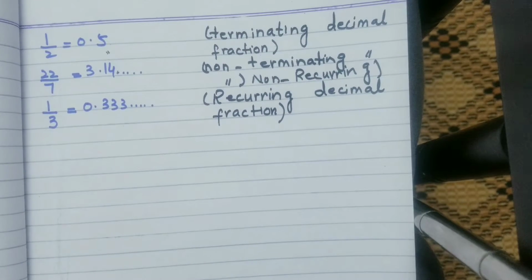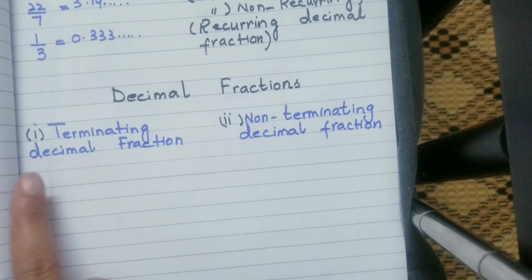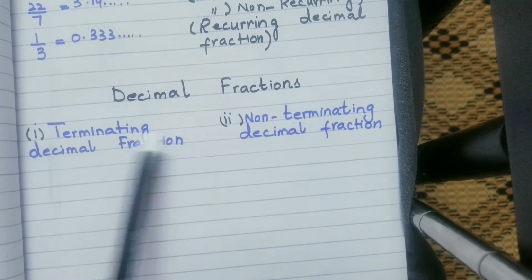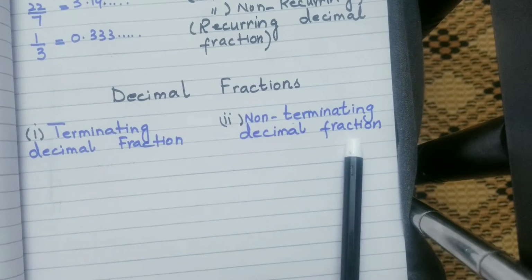So we have noticed that we have different types of decimal fractions. We can classify decimal fractions into two types. First is terminating decimal fraction, and the second one is non-terminating decimal fraction.